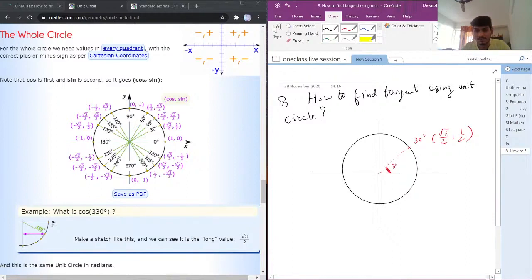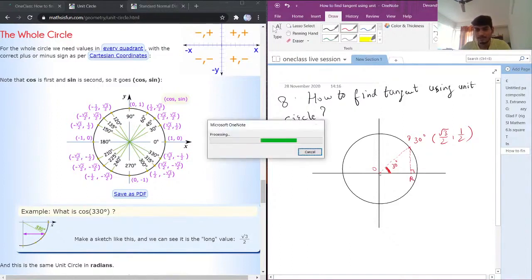So basically this angle is 30 degree. Now we draw a perpendicular from this point on the x-axis. So let us say this point is P, this as O and this as R.